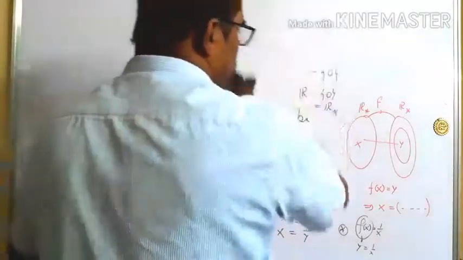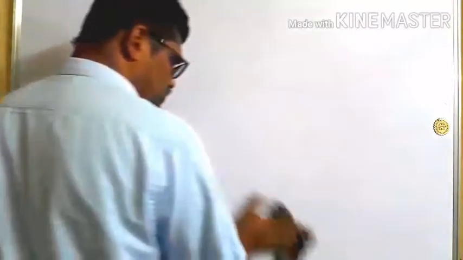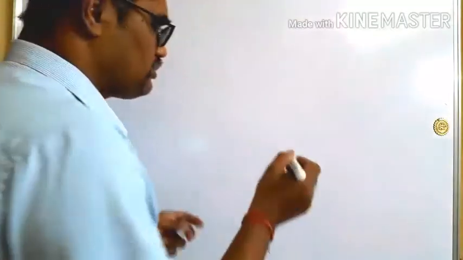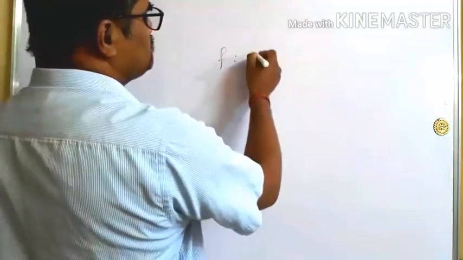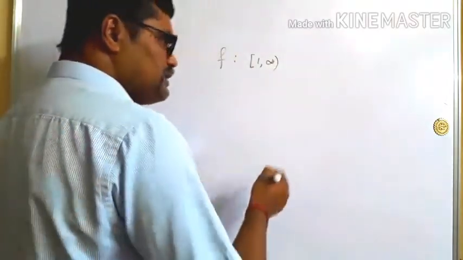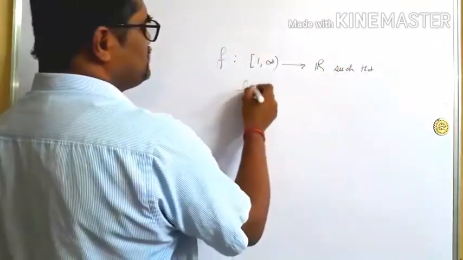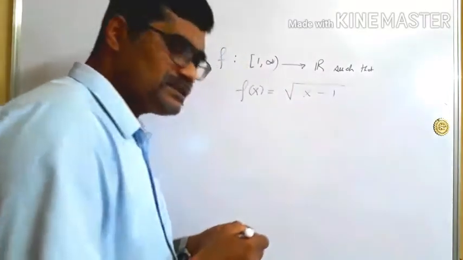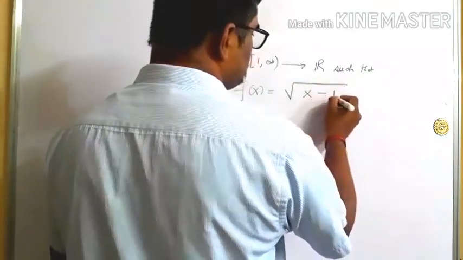Now I'll be taking one more problem for range, so that you'll be able to work with this particular type of case. See, there is a function defined from 1 to infinity to the real numbers, such that f of x equals the square root of x minus 1.